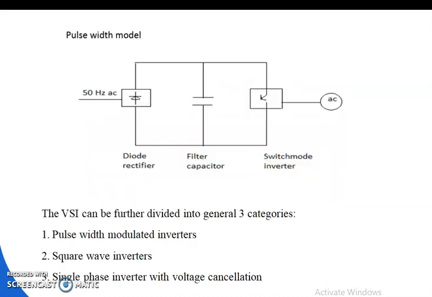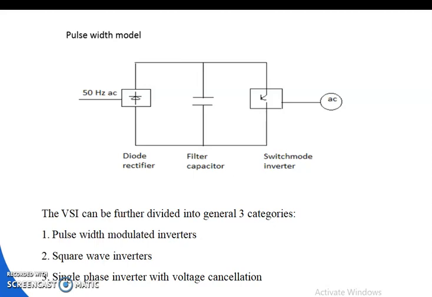The second topic is about pulse width modulation, PWM. In that case, the 50 Hz AC is given to the block diagram, which is divided into three sub-blocks: the diode rectifier block, the filter capacitor block, and the switch mode inverter. First is the diode rectifier, which converts AC to DC.